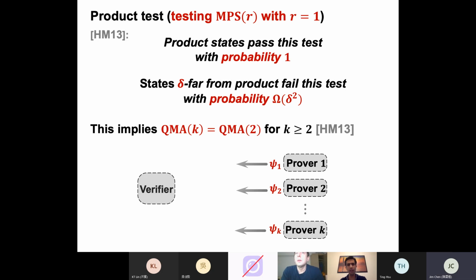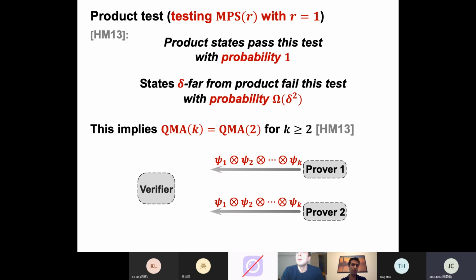And QMA(k) generalizes this to k provers who send states psi 1 to psi k as witnesses. And the crucial assumption here is that the k witness states that the provers send are not entangled with each other. So understanding the power of QMA(2), and prior to the result of Harrow and Montanaro, QMA(k), has been a major open problem in quantum complexity theory.